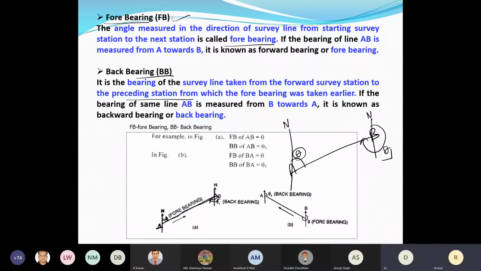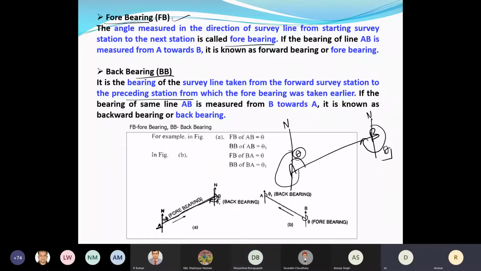You check the diagram. How will 360 minus theta come? Tell me. Then this angle will come, right? I want this angle. But when we are measuring from B, then also that is only. No, if I'm measuring with the diagram, it should be 180 plus theta.